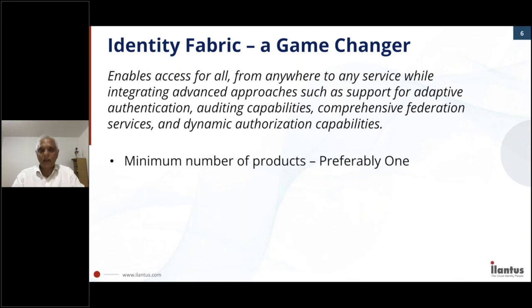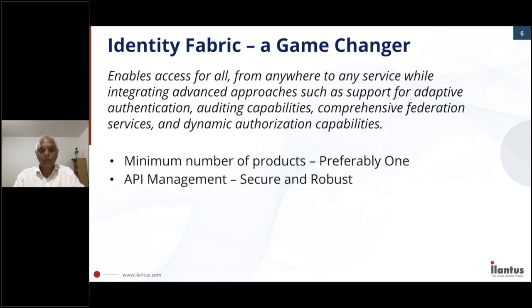As analysts say, there are certain requirements for the identity fabric. One of them is a minimum number of products, preferably one. And as you saw, Compact Identity of Ilantus is the only product that conforms to this specification.